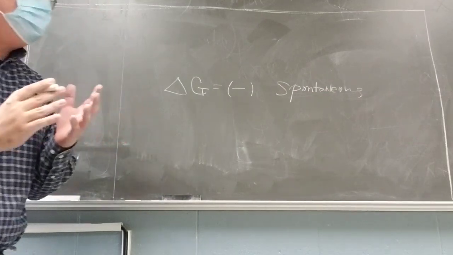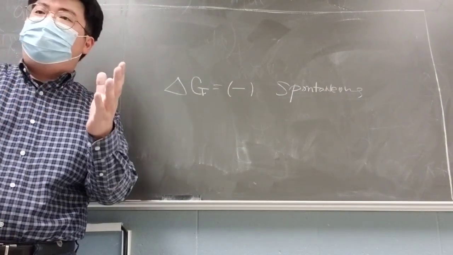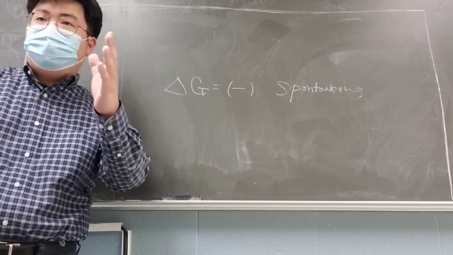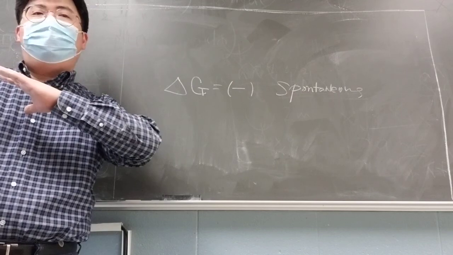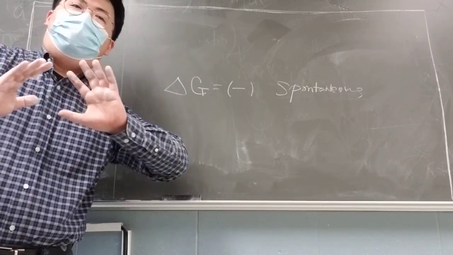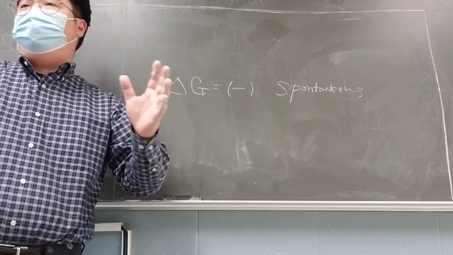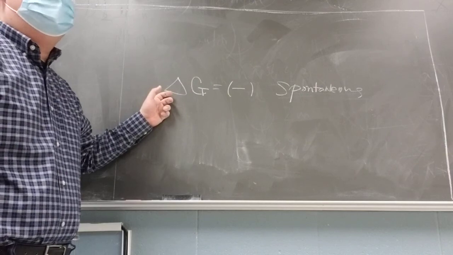Whenever you have a chemical reaction with a negative number for the Gibbs free energy change, your chemical reaction will happen automatically. Even though you do not put any energy into the system, you didn't force the chemical reaction to go forward, they just do it for themselves. So that means it's a spontaneous reaction when it's negative.